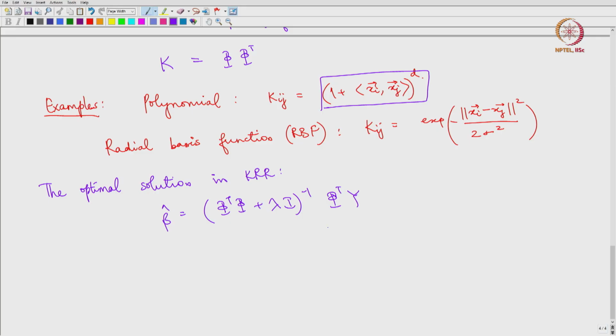So, there is something different we will do here, and at the heart of this is an identity that can be proved in linear algebra.